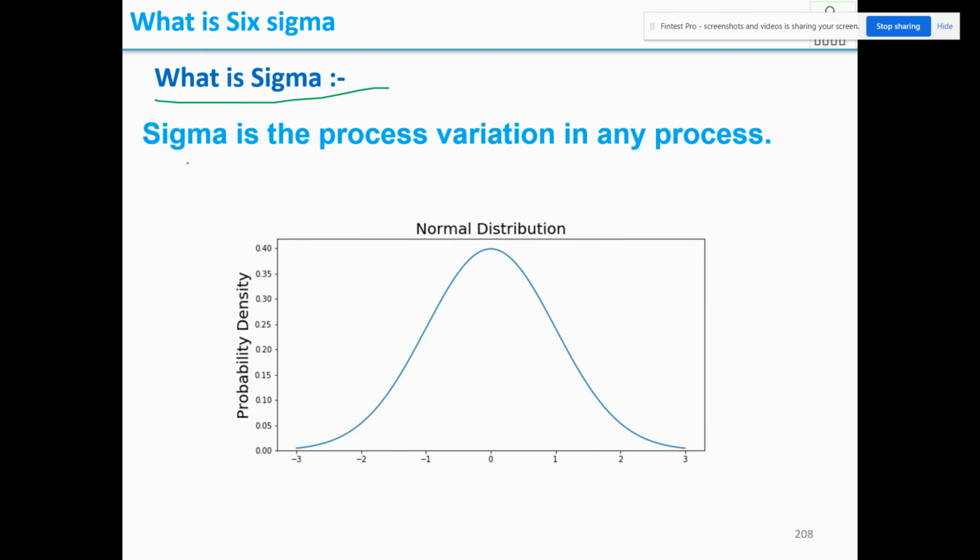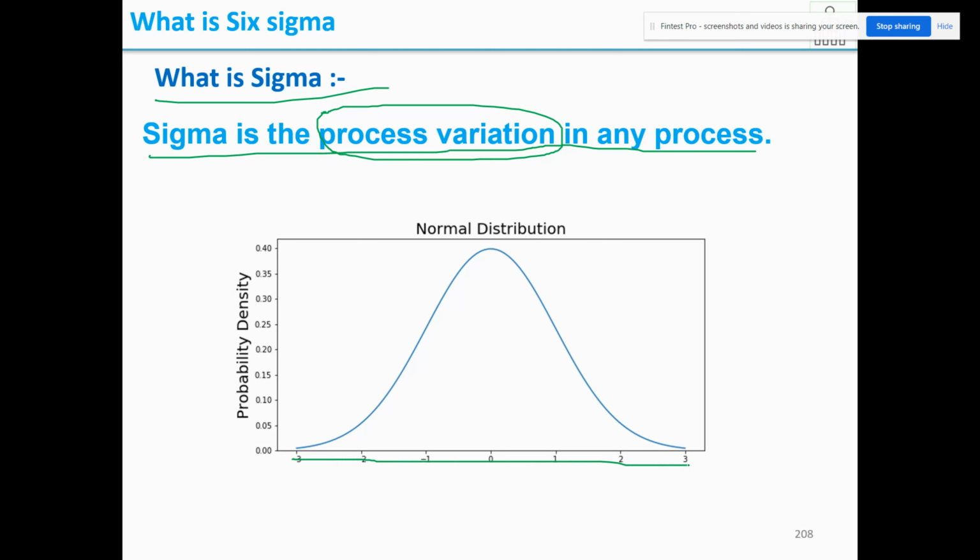Then what is sigma? Sigma is the process variation in any process. It's nothing but the process variation that we call standard deviation. So sigma is a tool to measure the variation, process variation or product variation. For example, on the x-axis I'll take a dimension of 4 plus or minus 1 mm.